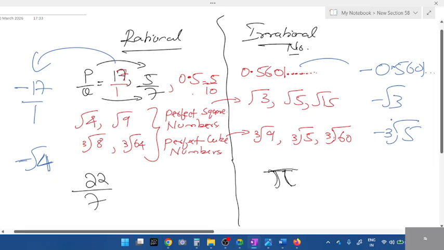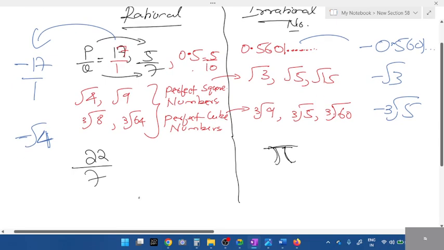And one more thing, if it is recurring, it is also a rational number, students. Recurring numbers are rational. For example, 0.56 with a dash on top. If they give a dash on top, it is a recurring number. Remember, it's a recurring rational number.